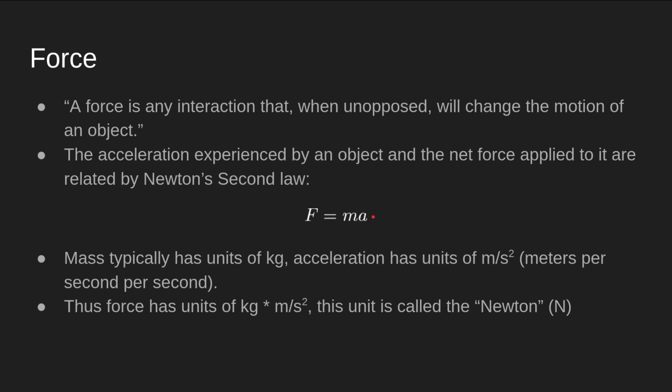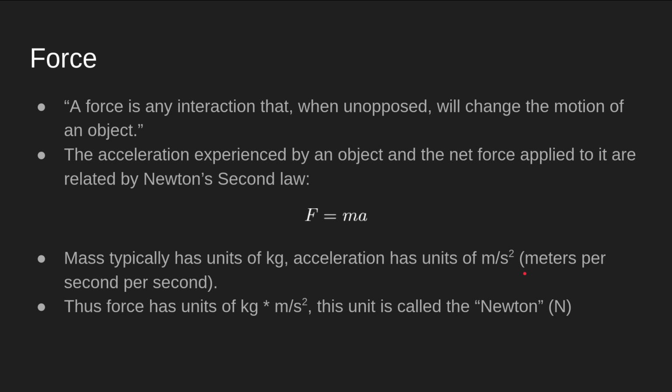More specifically, there's Newton's second law, which relates the net force experienced by an object with its acceleration. This law basically states that the force is equal to the mass of the object times the acceleration experienced by the object. In terms of units, mass has units of kilograms, and acceleration has these funky units of meters per second squared.